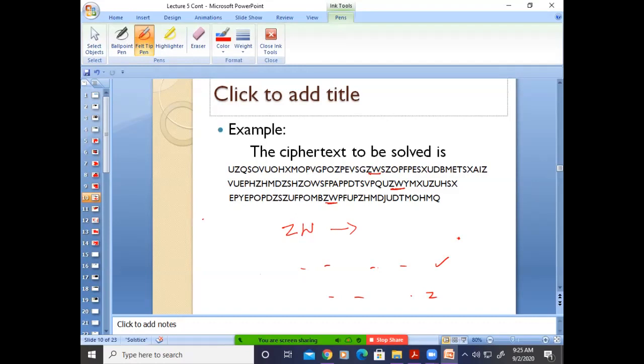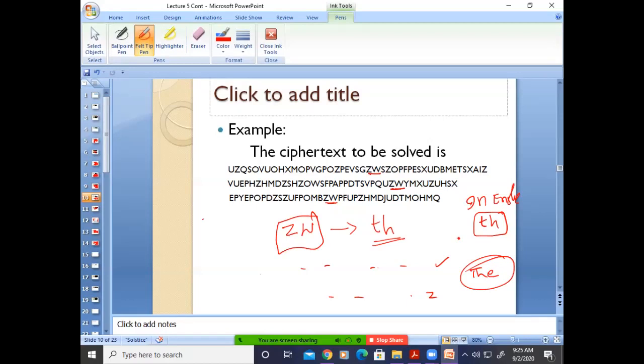Now, generally in English, the 2-letter combination that will come frequently is TH. Yes or no? Always there will be the in general English format. So that means the ZW will be TH.